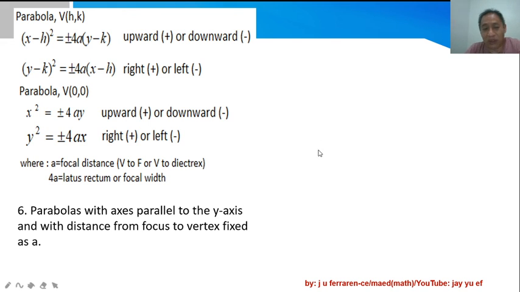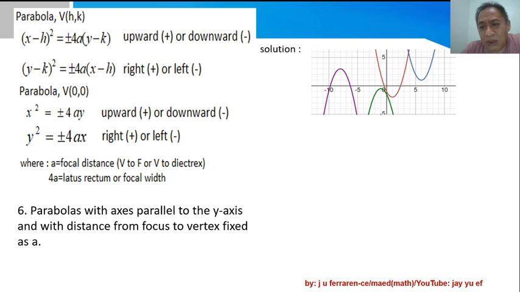The opening of your curve right at the focus will be the same. Solution. So we may have the figure. The parabola will open either downward or upward, and if this is your focus, the opening of your curve is actually the same. What would be the equation of the parabola that opens upward or downward?